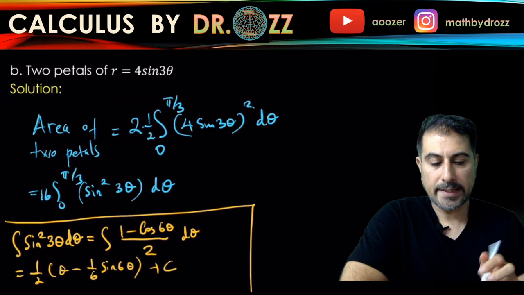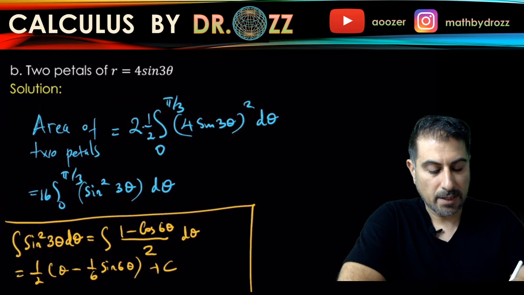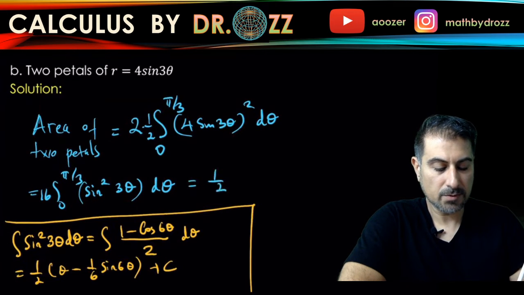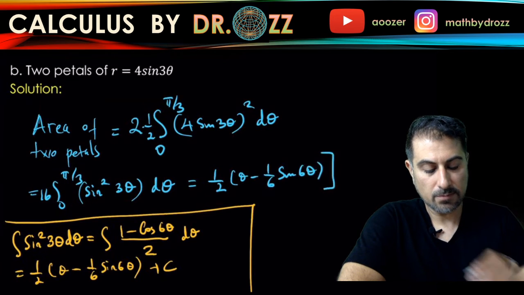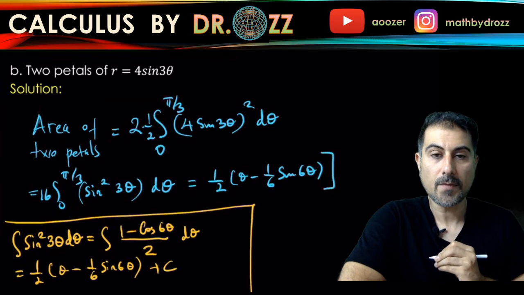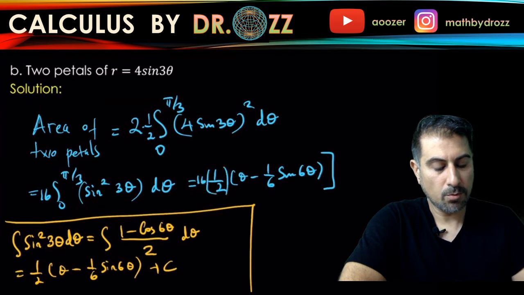Once you have this, you can go back and use the fundamental theorem of calculus, without c obviously, for the antiderivative. So theta minus 1/6 sine 6 theta, and we also have 16, by the way, don't forget that, from 0 to pi over 3.